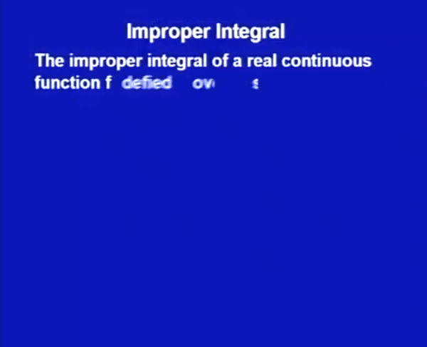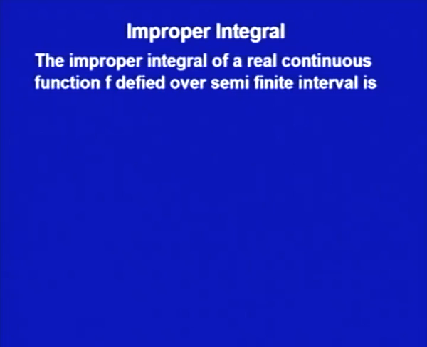What is an improper integral? The improper integral of a real continuous function f defined over a semi-finite interval, for example the positive real line x greater than or equal to 0, is defined as the integral from 0 to infinity of f(x) dx as the limit, as r approaches infinity, of the integral of f(x) dx over the range 0 to r.